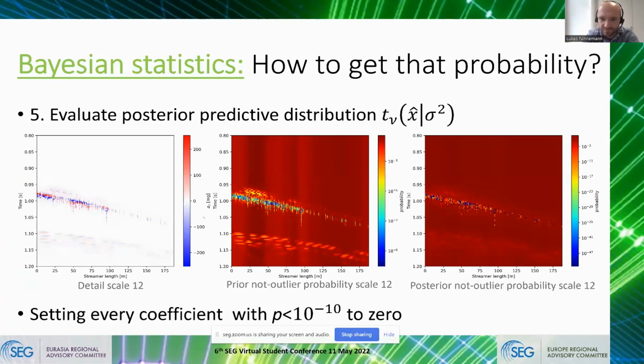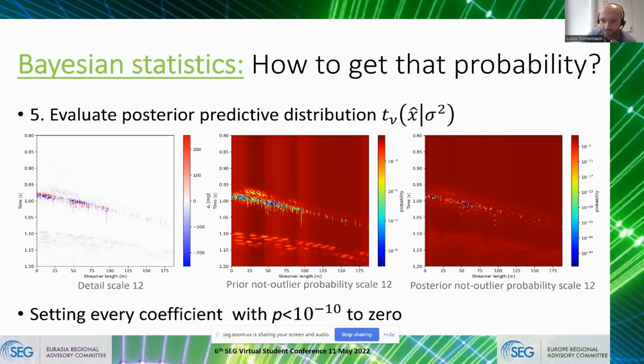So we have more information, and we can see that from the prior probability to the posterior, our estimates have gotten better, since in this region here, there are some waves with a high outlier probability comparable to the spikes. And in our posterior probability, the spikes have very, very low not-outlier probabilities.